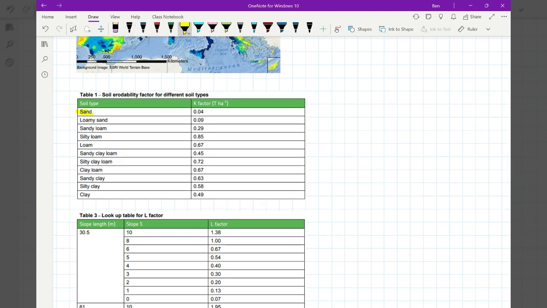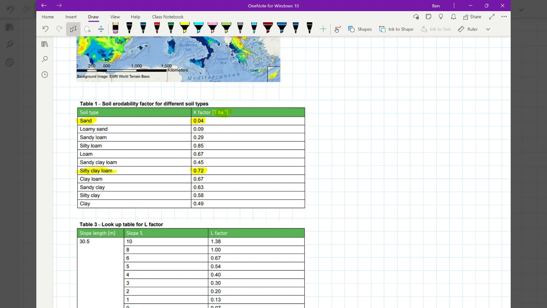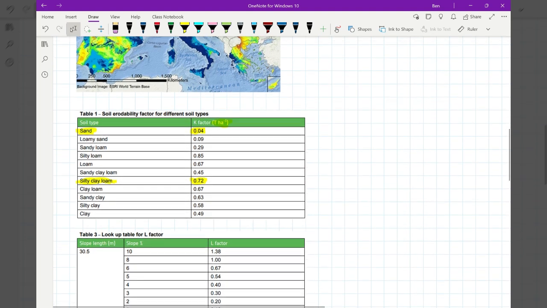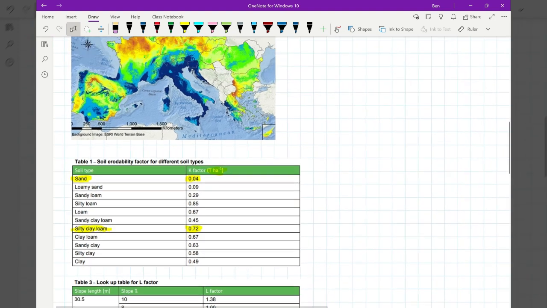Here we've got things like sand, which has a K factor of 0.04, and you can see the units there, tons per hectare. Whereas something like silty clay loam has a much higher erodibility factor, 0.72. So different textures of soil will be affected by the process of erosion in different ways.